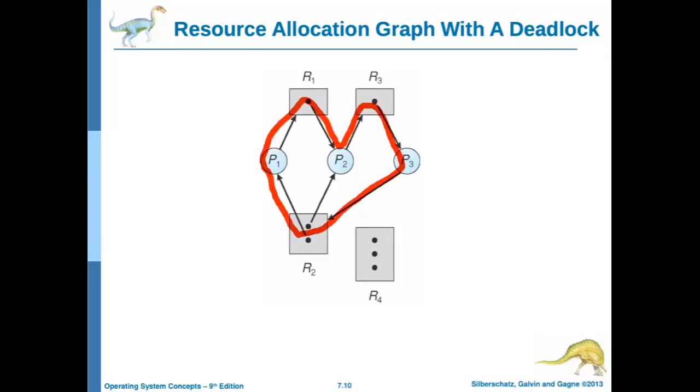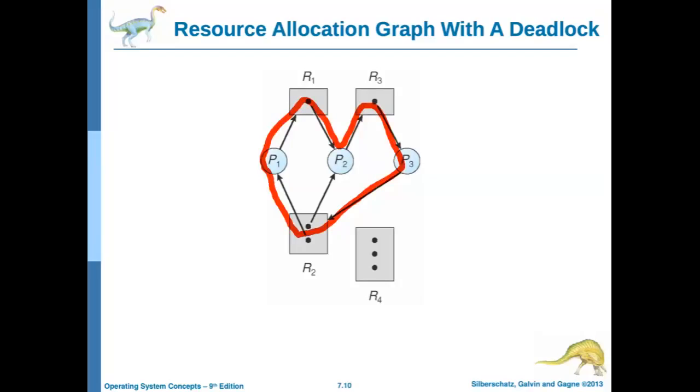The reason is very simple. P1 is waiting for P2, P2 is waiting for P3 because R3 is held by P3, and P3 is waiting for either P1 or P2 because resource type R2 is held by P1. So this creates a kind of circular wait. Not a single process will make progress in this scenario.